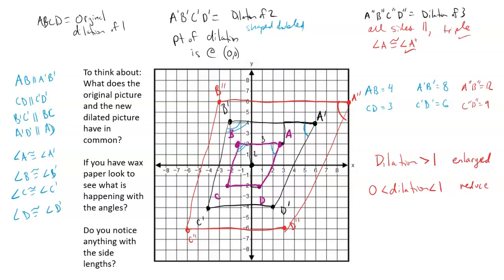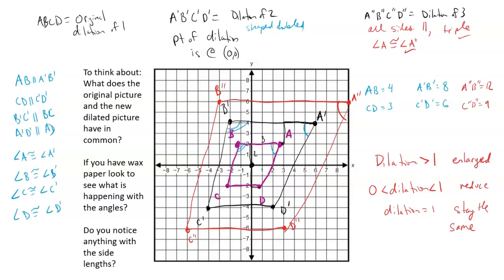We just didn't see the reduction. And what happens if our dilation is equal to 1? It's going to stay the same, stay the course. We know all of our sides, so our shape maintains the same thing. It just looks a little bit different.